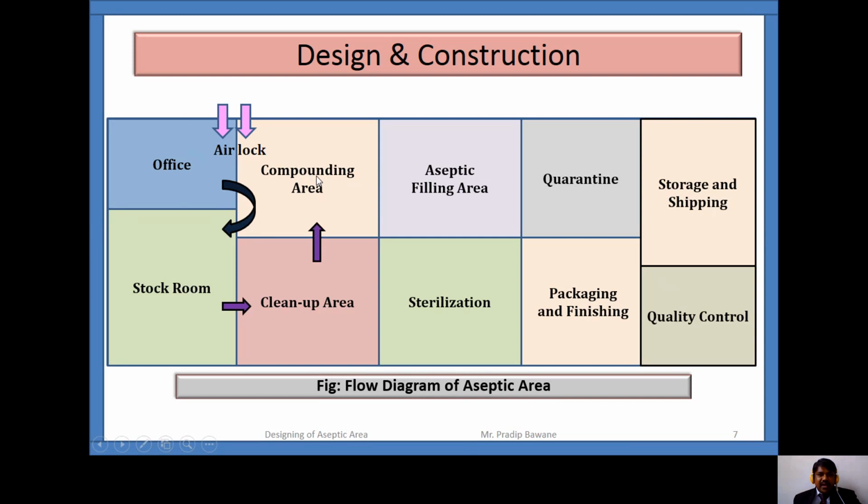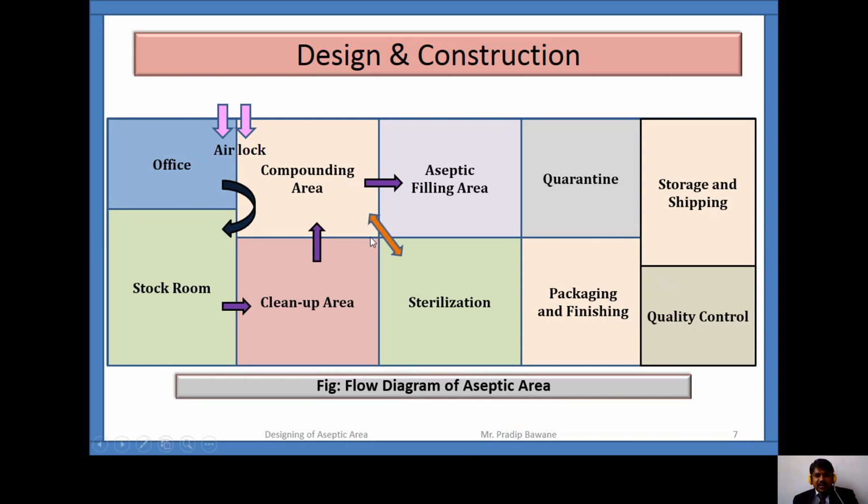But in the compounding area also we have to take care to minimize dust production. Then the next one is the aseptic filling area, wherein we adopt all the precautionary measures and air handling unit. We have to control this area with respect to airflow, temperature, humidity, and all the other parameters which may be responsible for causing contamination.